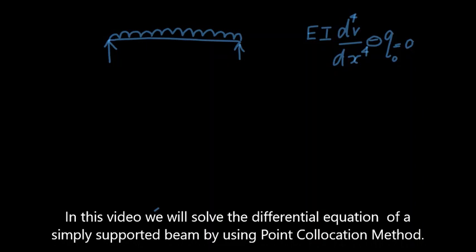Now what will you get if you solve this governing differential equation? You will not be getting the values of stresses right away. You are actually going to get the value of deflection, V. Deflection is denoted by the symbol V. There is a relationship between deflection and bending moment, so you can get the value of bending moment if you know the deflection.